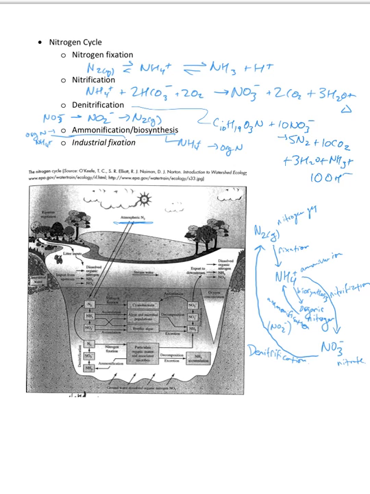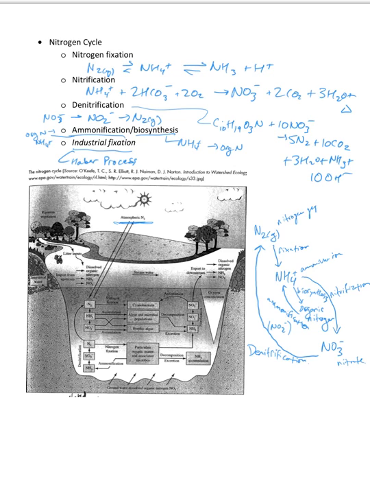Well, we do that mainly, it starts with a process which we call industrial fixation. Industrial fixation is mainly accomplished by something called the Haber process. The Haber process is an industrial method, a way that we can use energy, electricity usually, in order to pull nitrogen out of the atmosphere and actually make ammonia out of that atmospheric nitrogen.